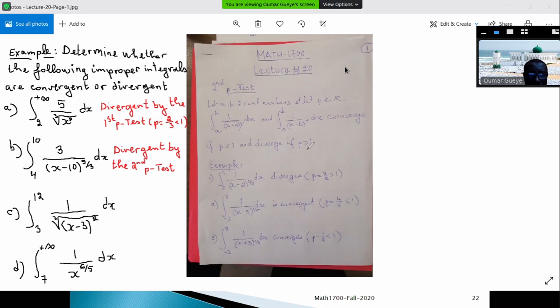Here my p satisfies this condition, greater than 1. You see, for the first p-test, the divergence is obtained when p is less than 1, while for the second one, the divergence is obtained when p is greater than or equal to 1. So here it's 5/3, and it's greater than 1.